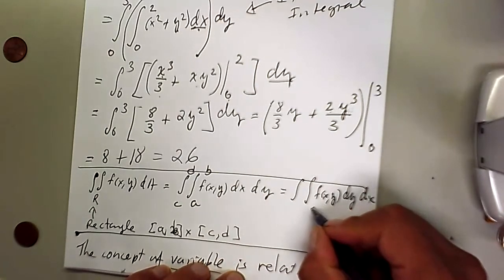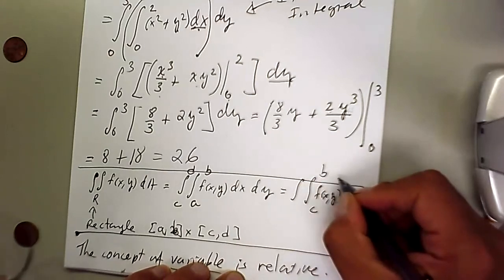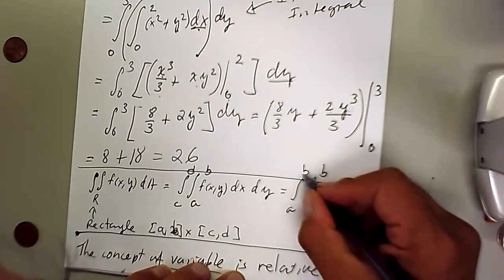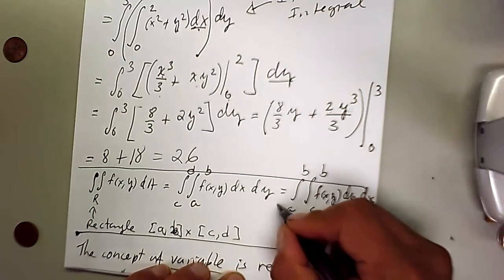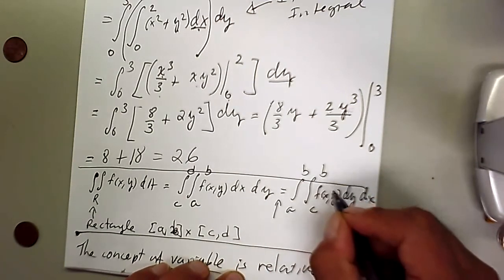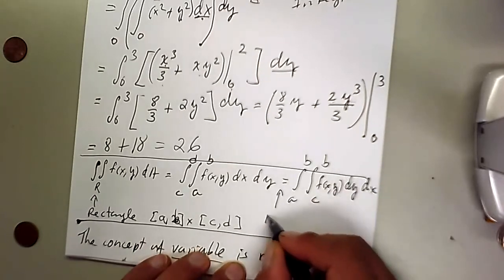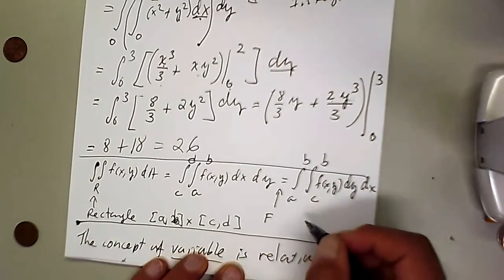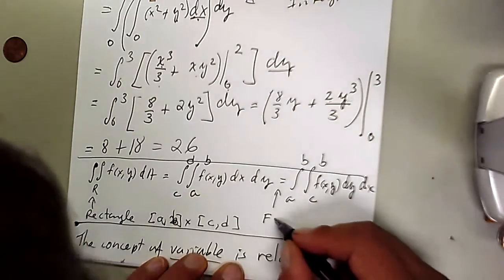If you have a continuous function, then everything is going to be good. The theorem is called Fubini's theorem.